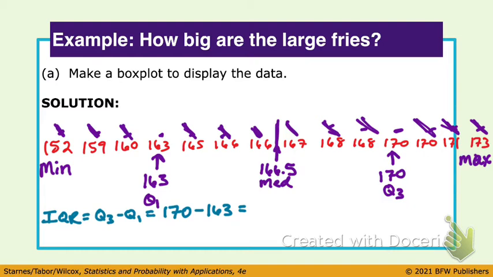And so what is 170 minus 163? 7. Okay, cool. So I'm going to now take that 7 and multiply by 1.5. So I'm going to find this 1.5 IQR number. So 1.5 times 7.